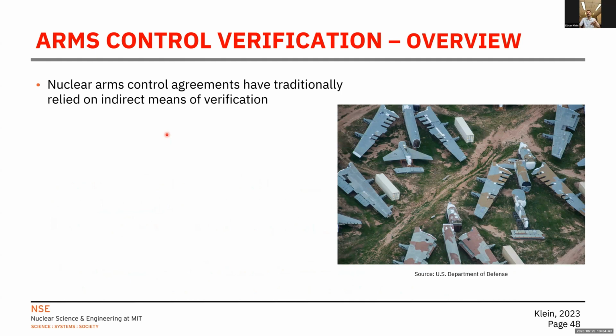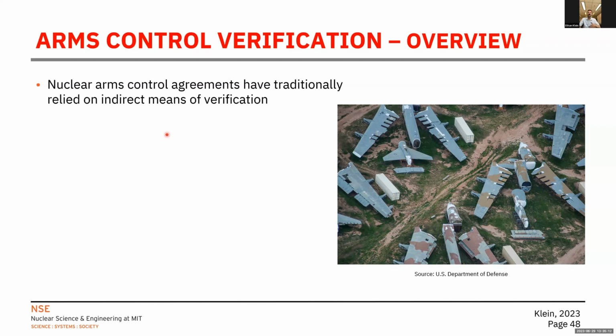Essentially the reason for that is that if the United States and, at the time, the Soviet Union or the Russian Federation wanted to verify that each country was not deploying too many nuclear warheads in their stockpile beyond what we agreed to in international agreements, well, you could destroy the nuclear warheads, but that was very difficult to verify. So instead, you use an indirect means of just destroying the planes that would carry those nuclear weapons.